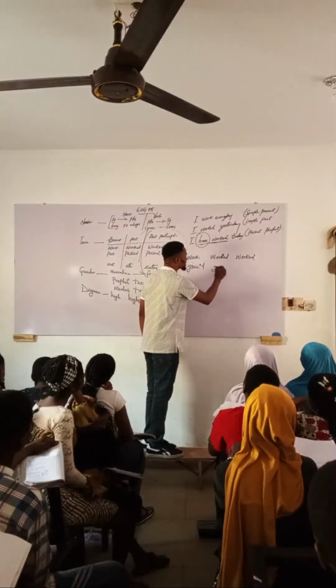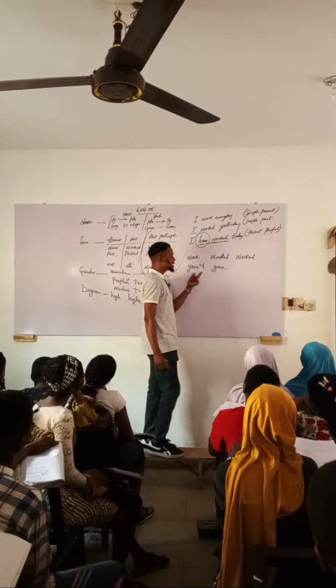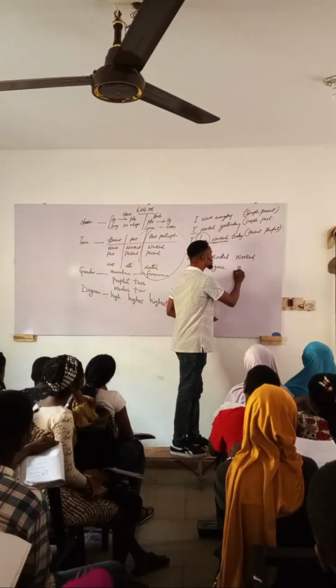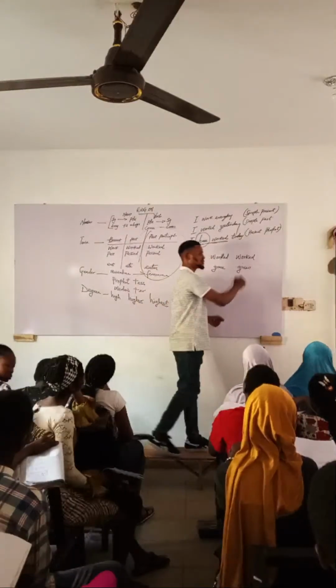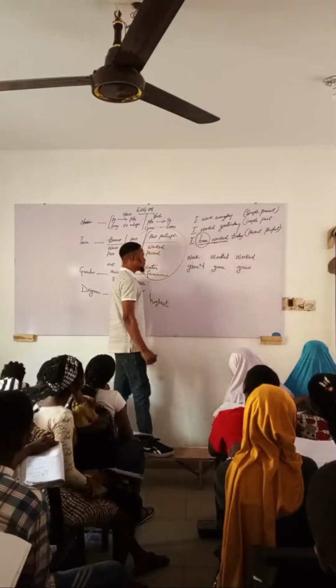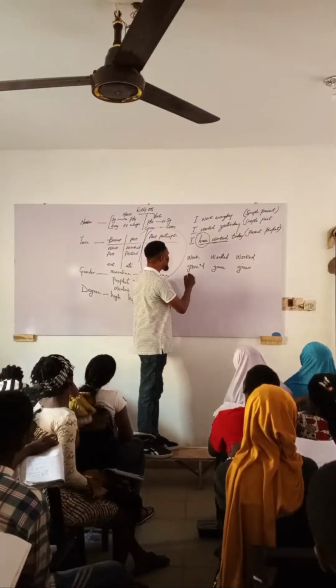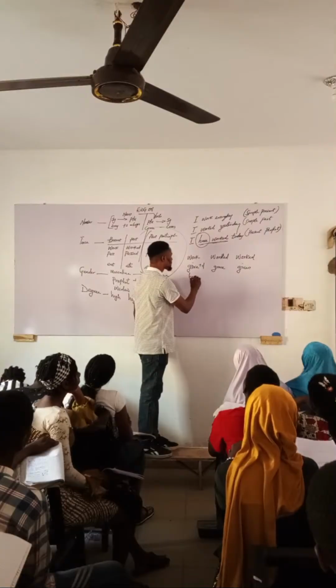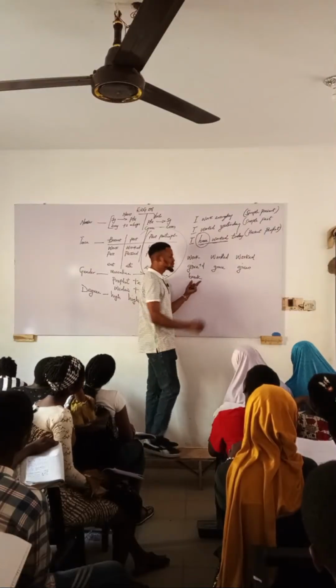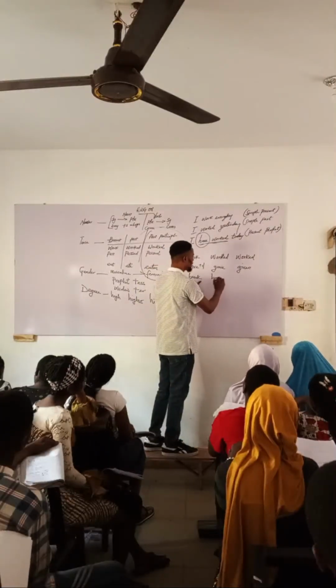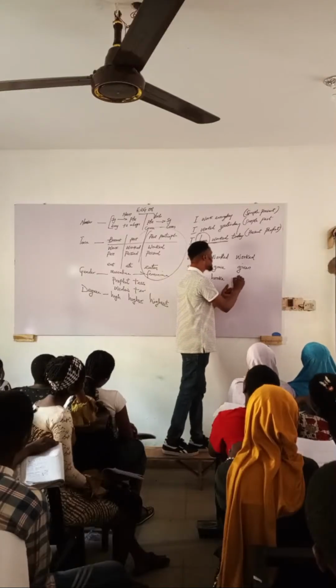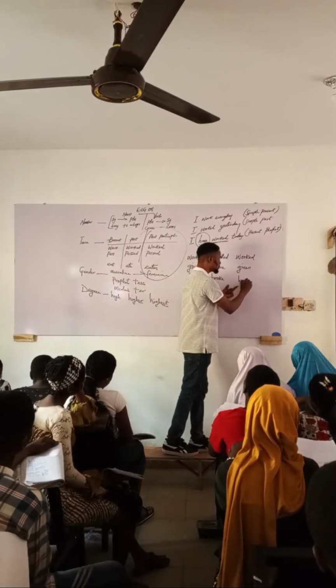That gives all the parts of give: give, gave, given. We have other examples. Break changes to broke, and from there we have broken.